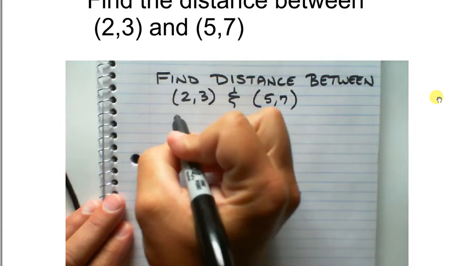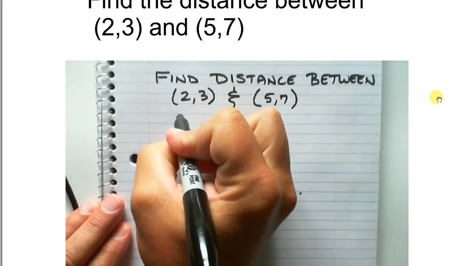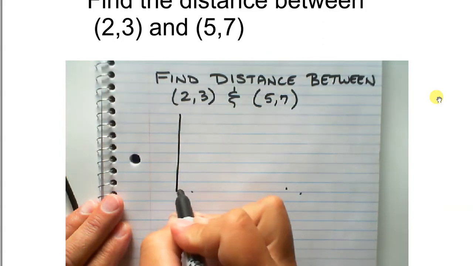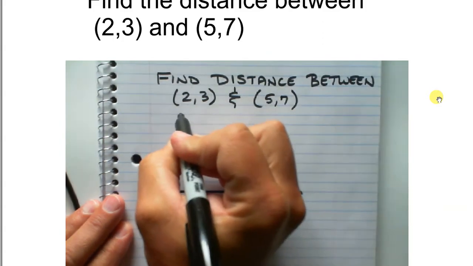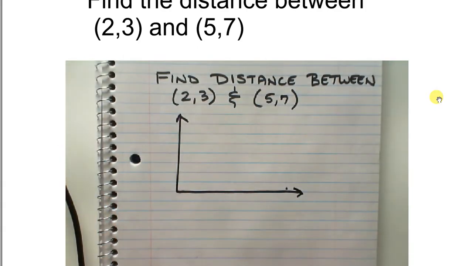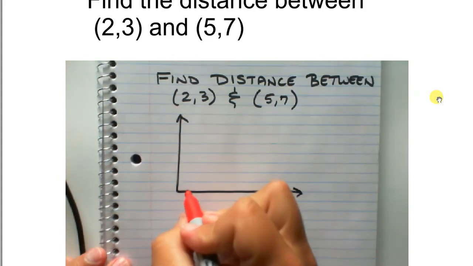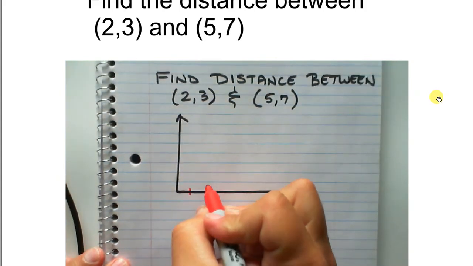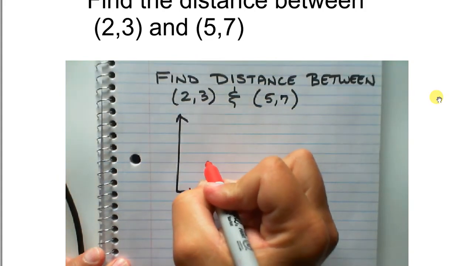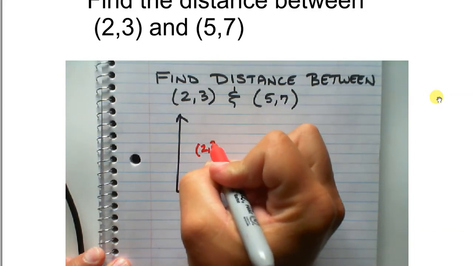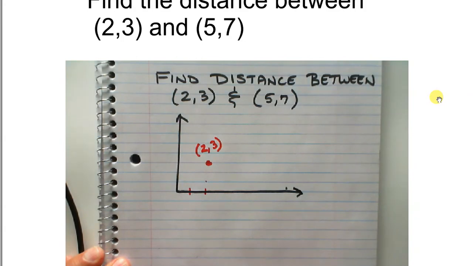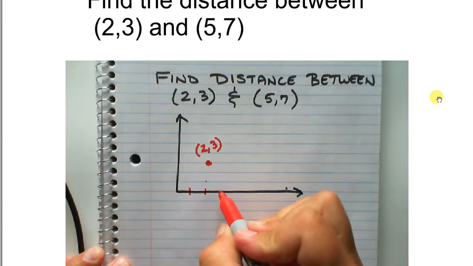That's going to be a little bit tough because I'm using just lined paper, but we can do it. So here's my coordinate system. I'm going to plot (2, 3), and I'm going to plot (5, 7).